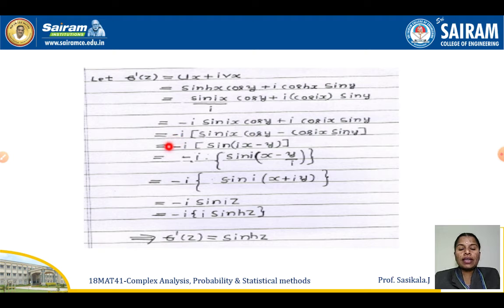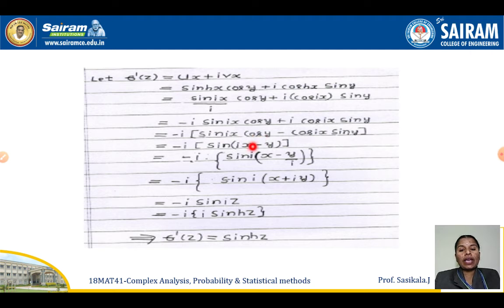So what is that? Which is equal to minus i into, again this term I can make it, what is that? It will become a minus 1, right? So minus 1 cos(ix) sin y, right? So now you can see minus i of, here it is taken for the i outside and the negative, that's why it has come as minus here. Okay, so minus i of sin a cos b minus cos a sin b.